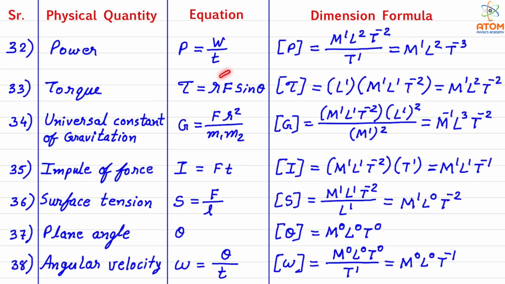For R, that is radius, the dimension formula will be L1. For force, you know it is M1 L1 T minus 2. Sin theta is a trigonometric function. For that, there is no dimension formula we know. That's why the remaining is M1 L2 T minus 2, M1 L2 T minus 2 again.